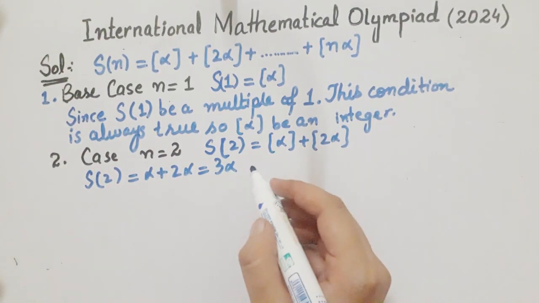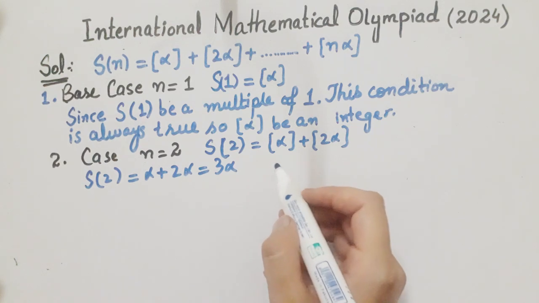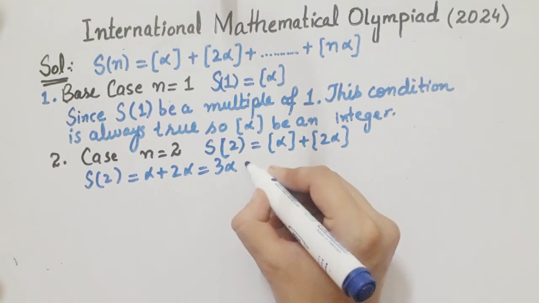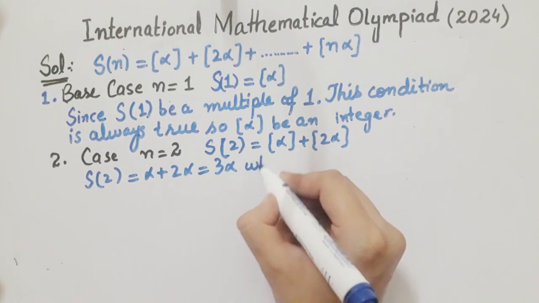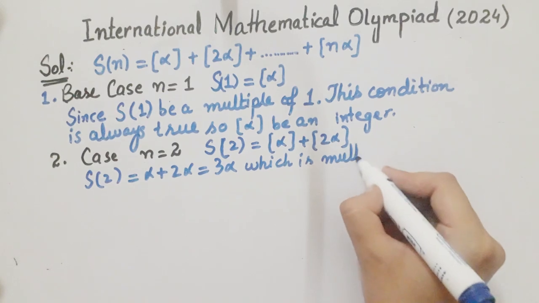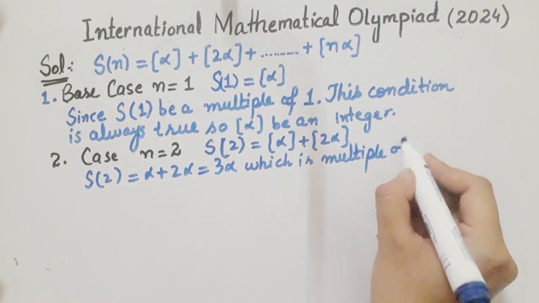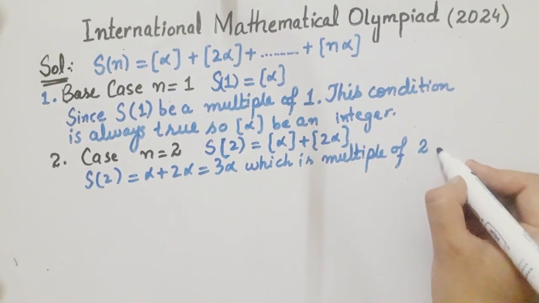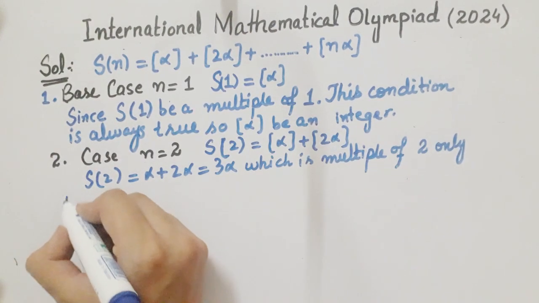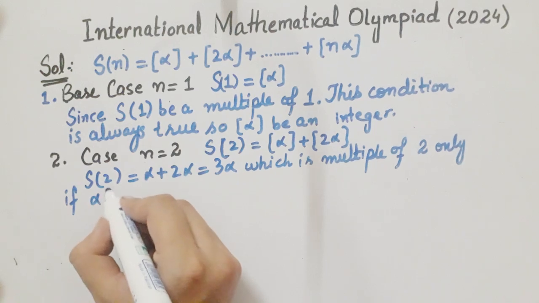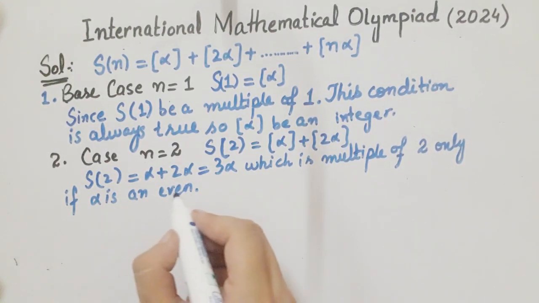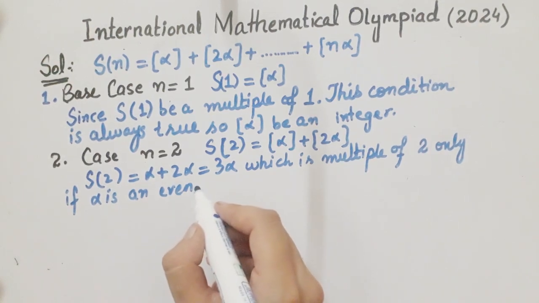This is a multiple of 2 only if alpha is an even integer. If alpha is even, then this condition is satisfied.